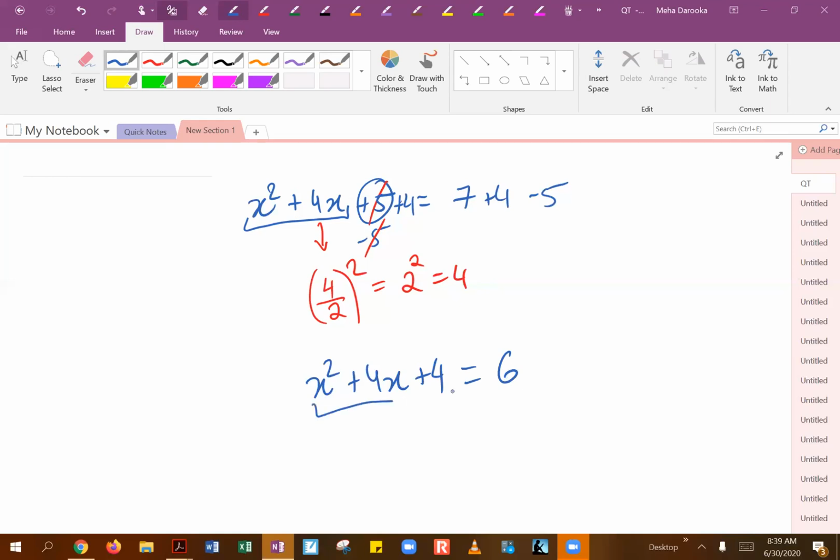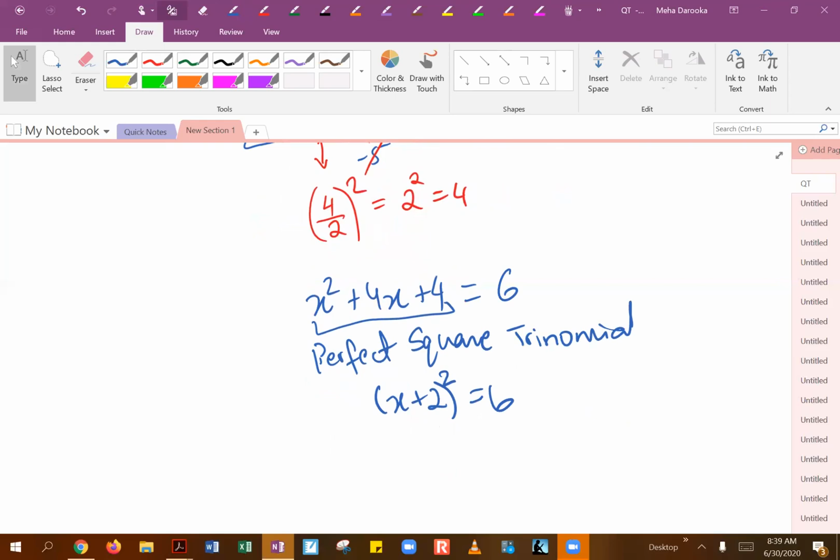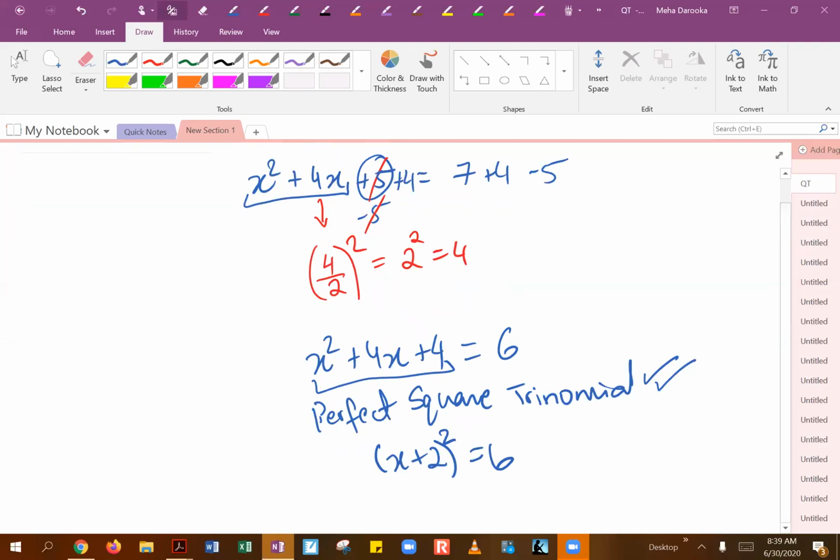Now, this left-hand side is what we call the perfect square trinomial, because when you factor this, it will factor into x plus 2 and x plus 2, or basically x plus 2 squared. So that's usually the idea behind using completing the square. We are trying to create a perfect square trinomial, so that it's easily factored.